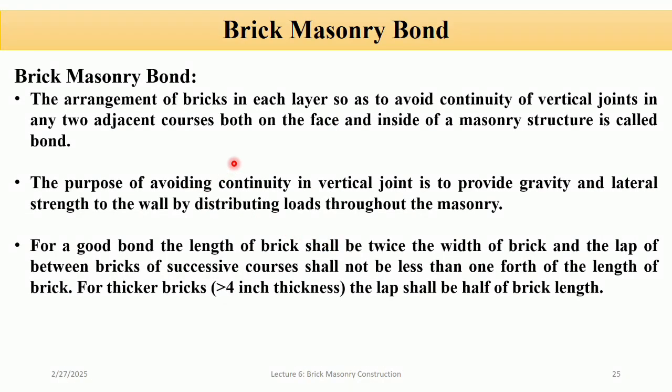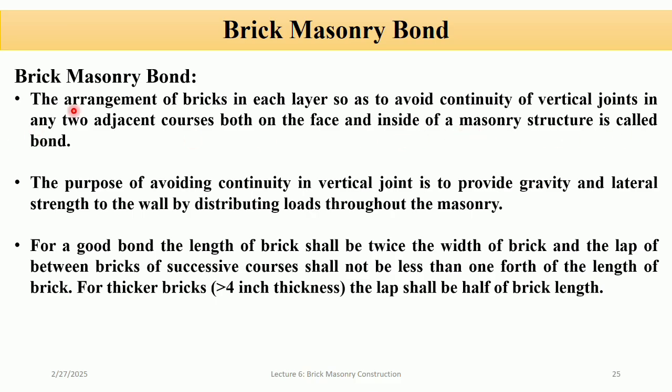Now let's discuss brick masonry bond. Brick masonry bond is simply defined as the arrangement of bricks in each layer so as to avoid continuity of vertical joints in any two adjacent courses, both on the face and inside of the masonry structure.